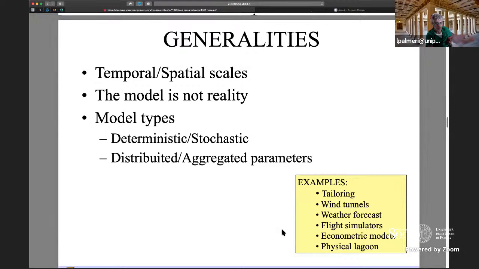Why this? Because distributed is complex, aggregated is simpler. As we will see, the ecological modeler will seek to reduce the complexity of the description, but only down to a point where the model is still useful. This means that you're not going to reduce it too much, because otherwise the model will tell you nothing about the system, but you will have to reduce it as much as possible in order to make your mathematical model treatable.